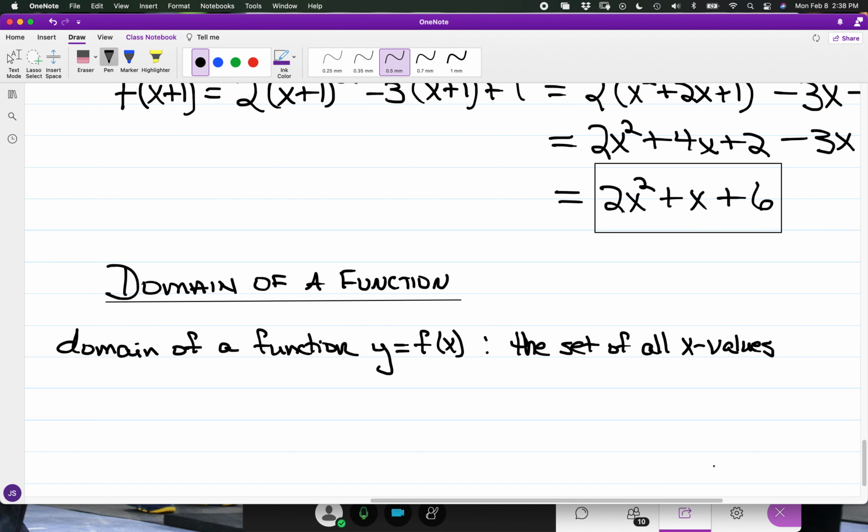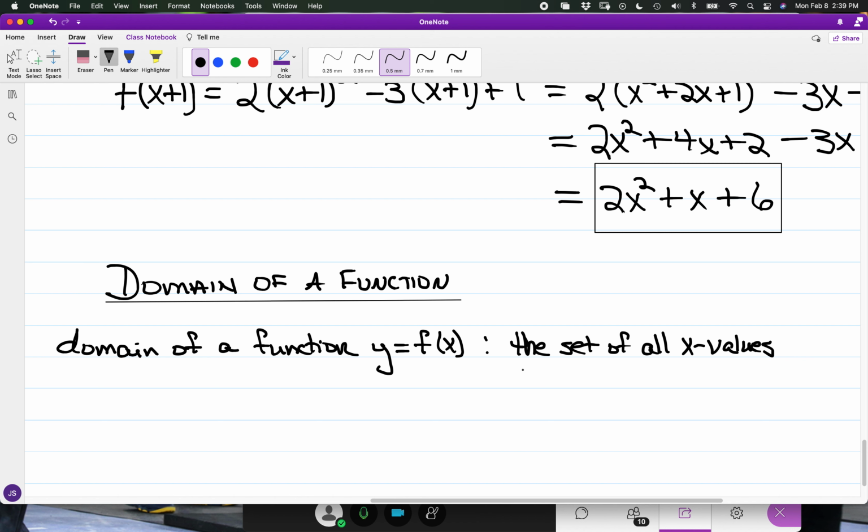But let's say you have a function like f of x is equal to a fraction in the variable x, or something like x squared minus 3x plus 4. There might or might not be a limitation in terms of what x can be.